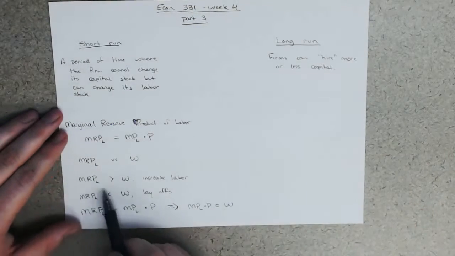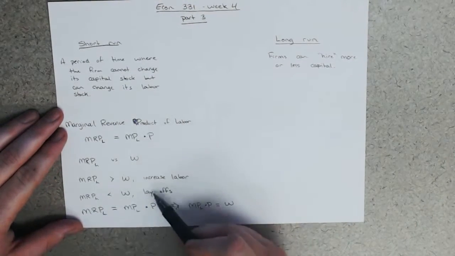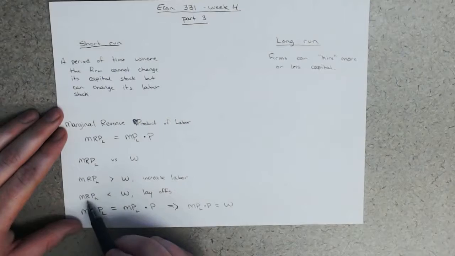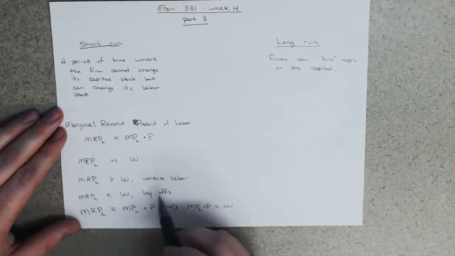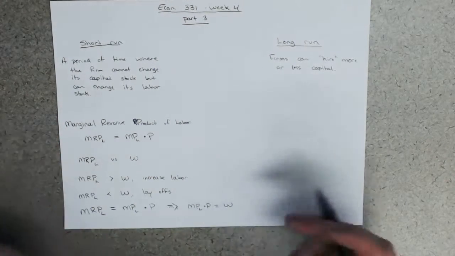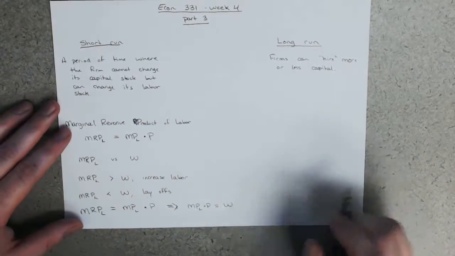So notice, if this is bigger, you want to increase labor. If this is lower, you want to decrease labor, right? If they're exactly equal, then you're actually maximizing profits.